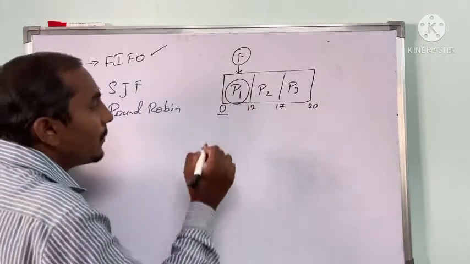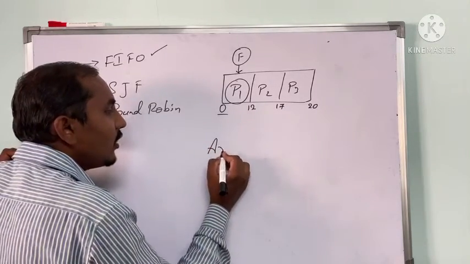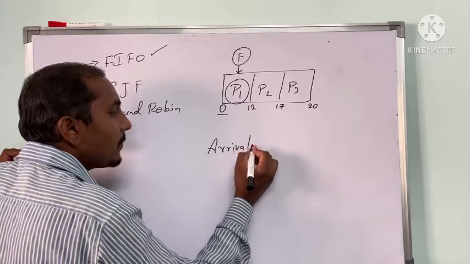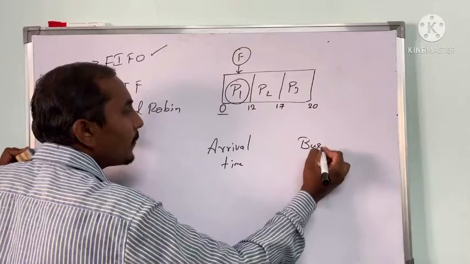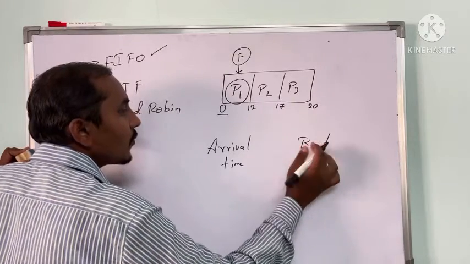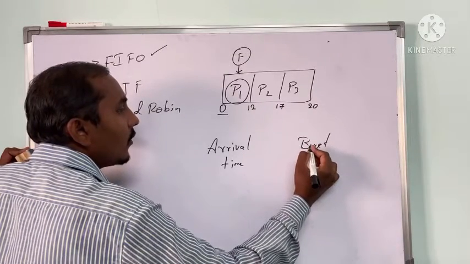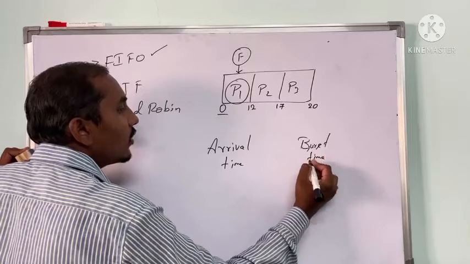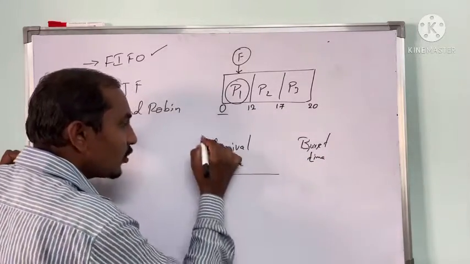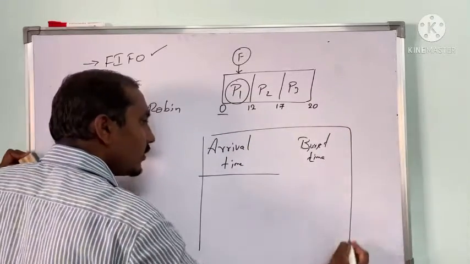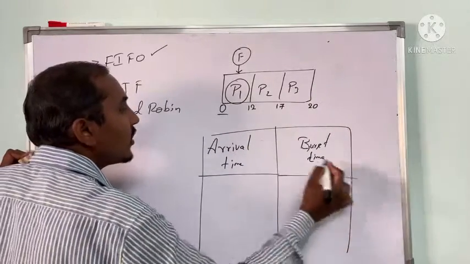Okay, so meanwhile we have two things we need to learn. What is arrival time and what is burst time? Arrival time is when the process has entered the ready queue.